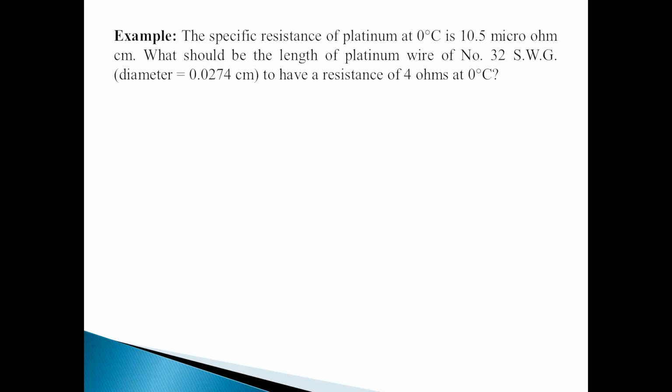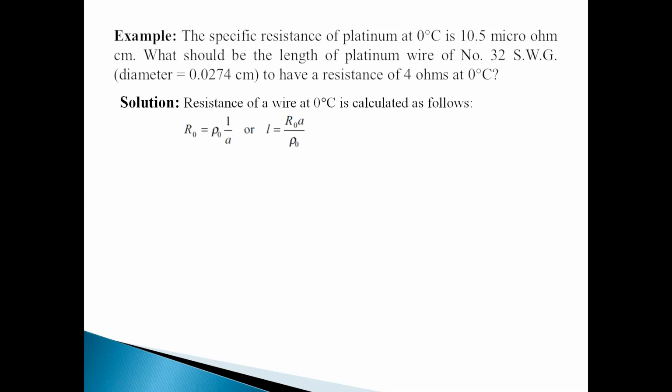What should be the length of platinum wire having a diameter of 0.0274 centimeter to have a resistance of 4 ohms at 0 degree centigrade? There are some misprints, so we need to ignore them.